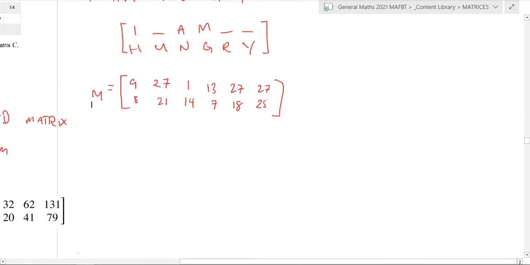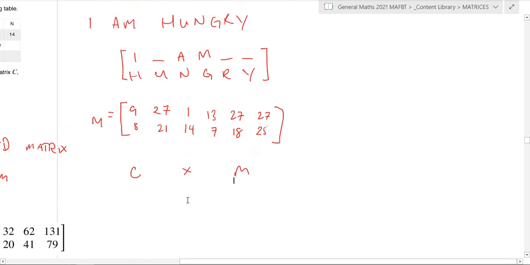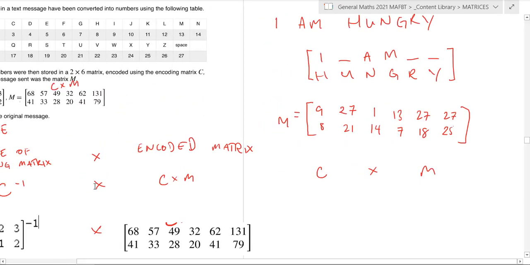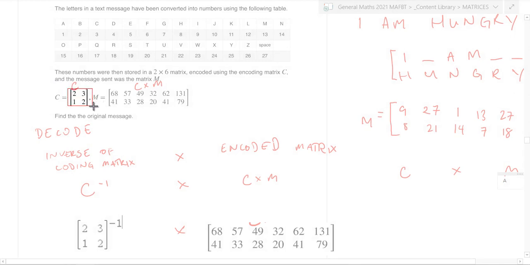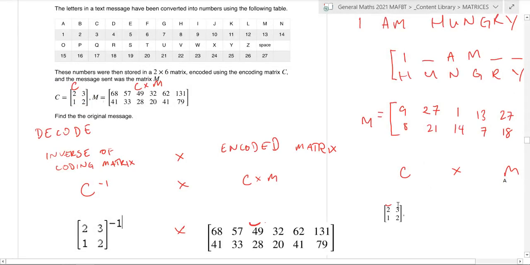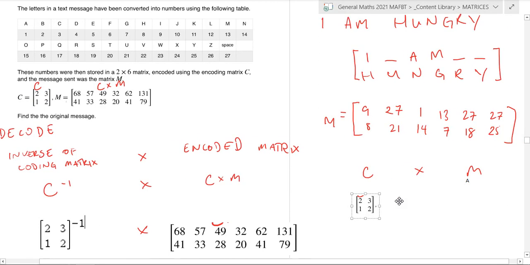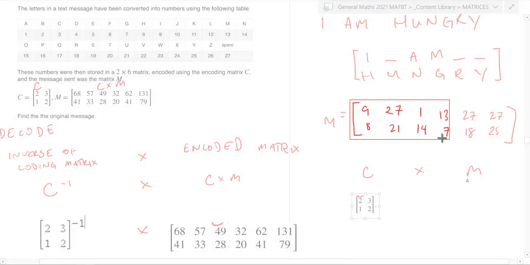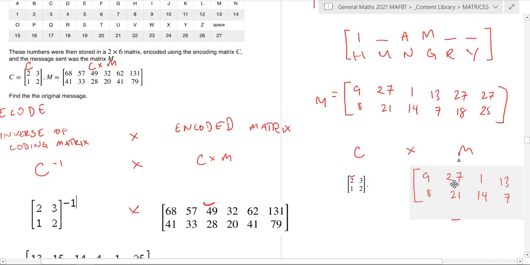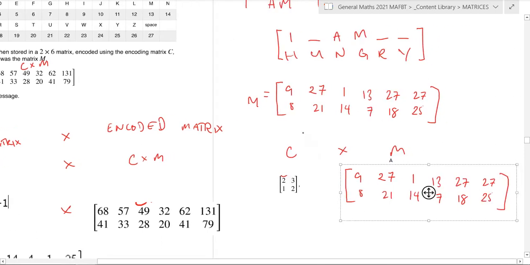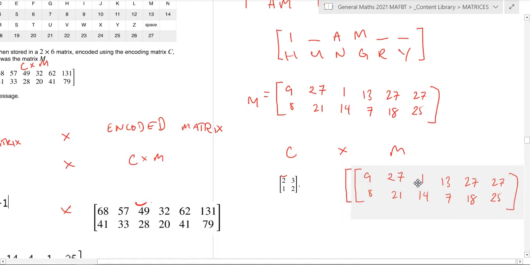To encode, it's going to be C times M. So it's going to be that matrix C, which is this, multiplied by matrix M, which is this. Okay, C times M. Ignore that A, sorry guys, let me get rid of that. So there's my M matrix, just multiply them together.